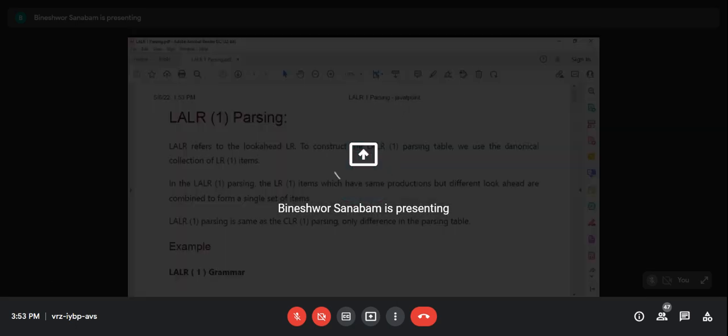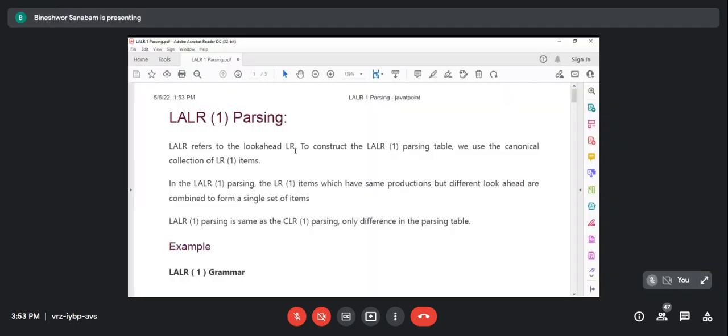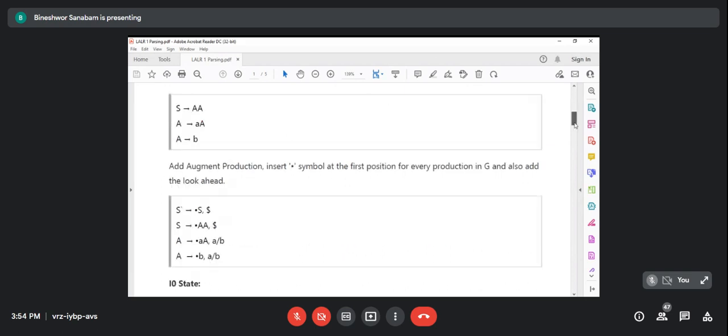So look here, this is what I'm talking about. Look ahead LR parsing. Here we're going to combine all those productions that have the same LR zero items but different look ahead.